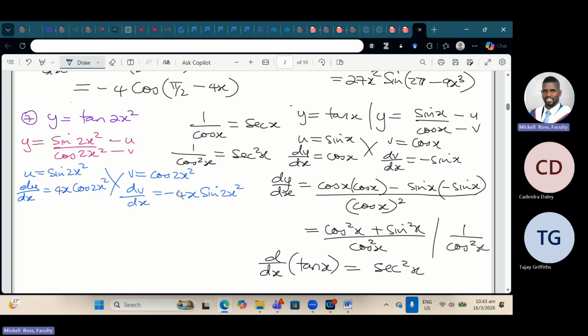So when you cross multiply, what you're going to end up with is the derivative of y with respect to x is going to be equal to v times the derivative of u.